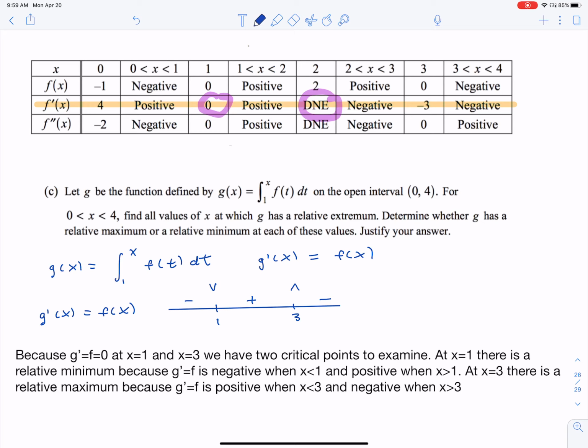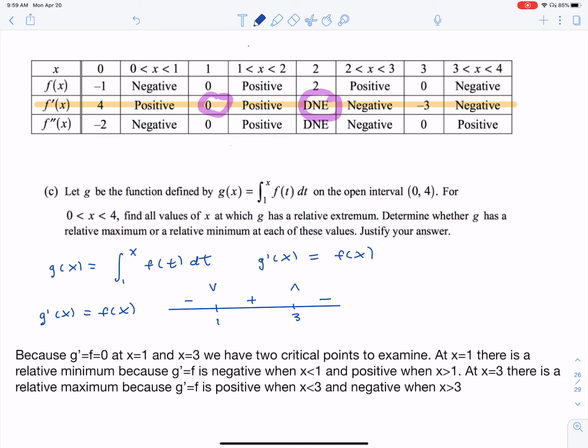So there's no inflection point at x equals 0. But when we look at x equals 2, to the left of x equals 2, f prime is positive, and to the right, it's negative. So g is concave up to the left of 2 and concave down to the right of 2. So it changed concavity. Therefore, at x equals 2, we have an inflection point.